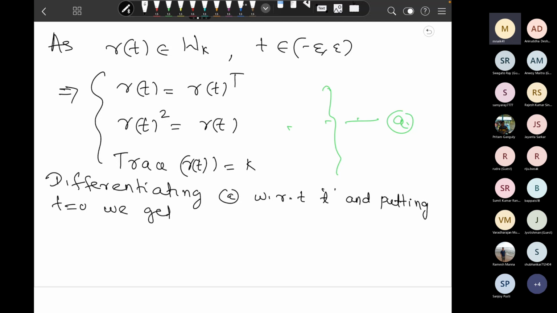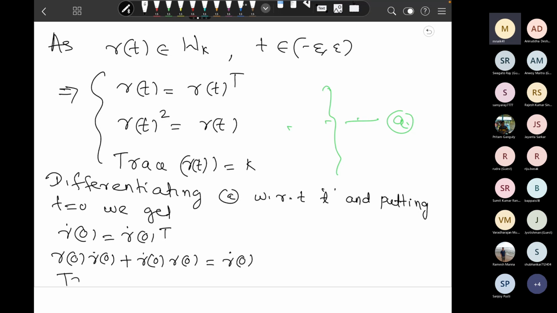First, gamma dot 0 is equal to gamma dot 0 transpose. Second, applying the chain rule, gamma 0 gamma dot 0 plus gamma dot 0 gamma 0 is equal to gamma dot 0. And third, trace of gamma dot 0 is equal to 0.